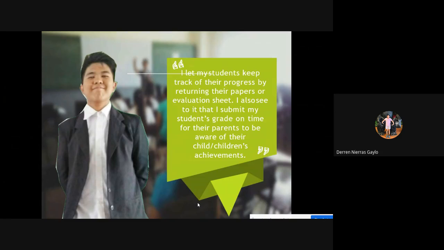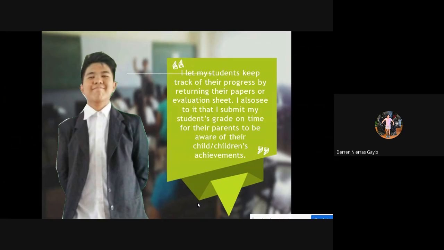That's for feedbacking purposes. Because if you will not give feedback to the students, they will not learn. And we need to give the parents grades because they need to be aware of what is the achievement of their child.